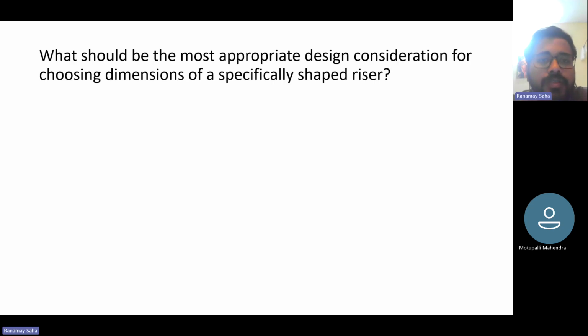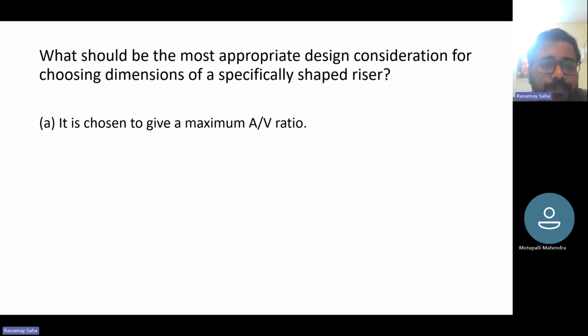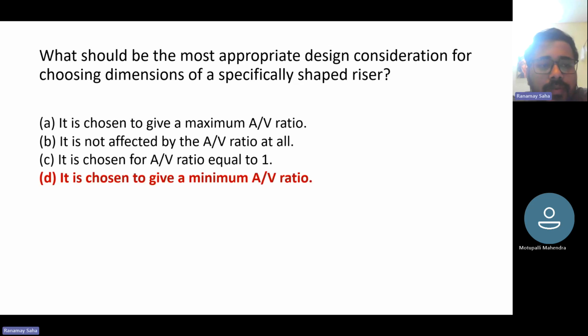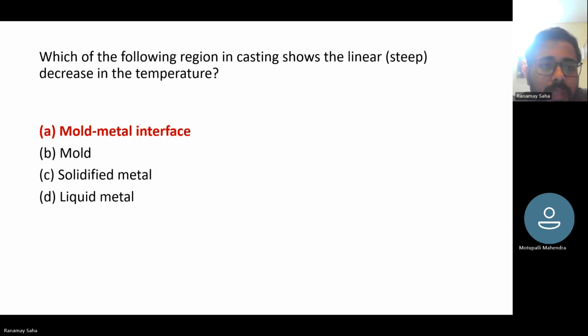Proceeding ahead, what should be the most appropriate design consideration for choosing dimensions of a specifically shaped riser? We just discussed in the earlier slide that it is chosen to give a minimum area to volume ratio, A by V ratio. And which of the following regions in casting shows the linear decrease in temperature?